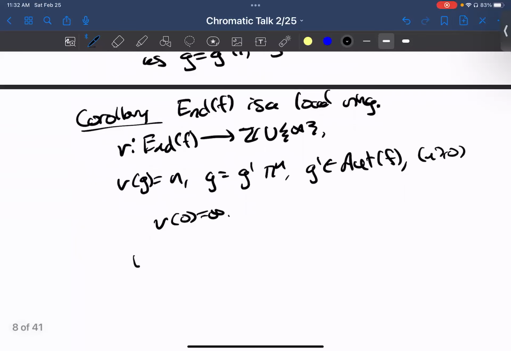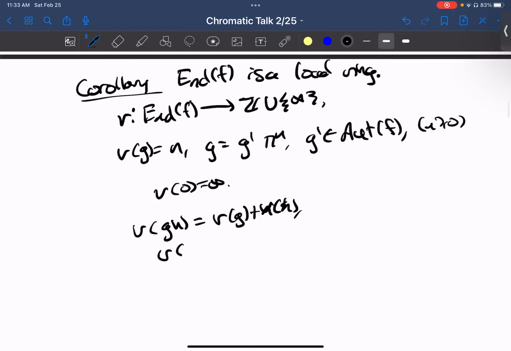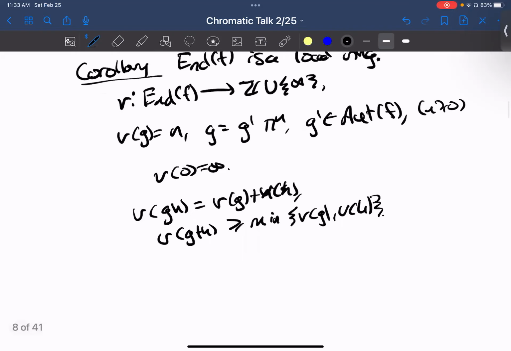So with this in mind, we can easily see that we have nu of GH is equal to nu of G plus nu of H, and that nu of G plus H is, wait, sorry, I think I want greater than or equal to the minimum of nu of G and nu of H. Right.